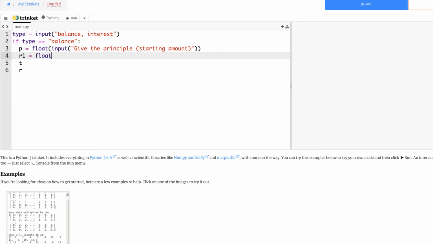R1 is supposed to be the interest rate, but we'll be calculating the actual interest rate in a bit, so that's why I put it as R1 instead. Give the interest rate without percentage sign. Say if it were 10%, what we would write is just 10, and it will calculate it for us. That's why it's R1.